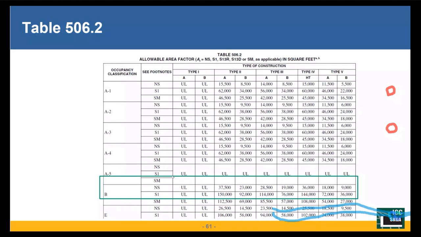Well, we know NS is non-sprinklered. S1 is buildings with a maximum of 1 story, and SM is a building with 2 or more stories above grade. So this table gives you the allowable area factor with the story increases already built in.